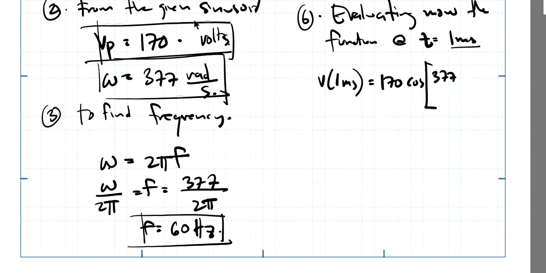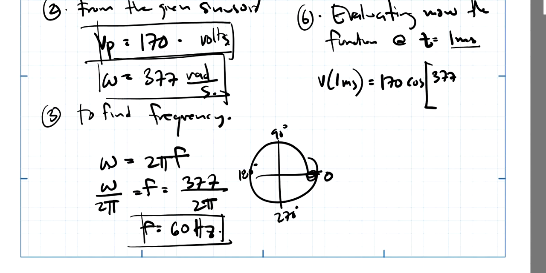So recall once again that here's our circle. We start here, let's say 0. This is 90 degrees, this is 180, and this is 270 degrees. In terms of radians, this is 0, this is pi over 2, this is pi, this is 3 pi over 2, and this is 2 pi.